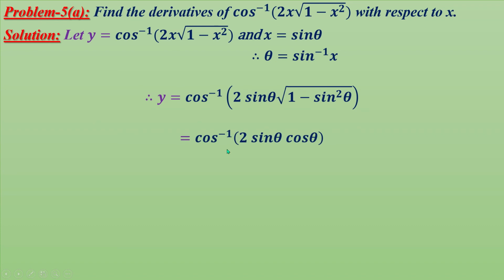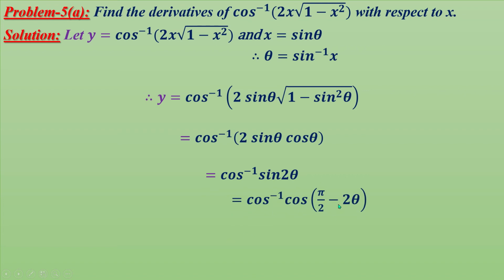Here 1 minus sin square theta means cos square theta, so square root over cos square theta is only cos theta, and we know 2 sin a cos a is equal to sin 2a, that means cos inverse sin 2 theta.